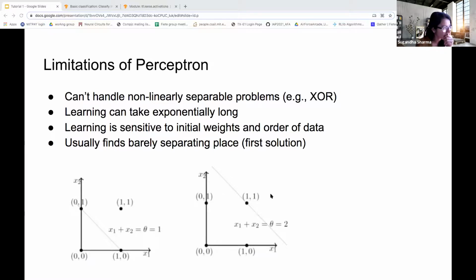Okay, so basically what I was saying was that if we think about an OR function, then we can find this linear separation such that it separates these points from this point which lies in another class. And similarly, when we are implementing an AND function, we can find this linear separation.